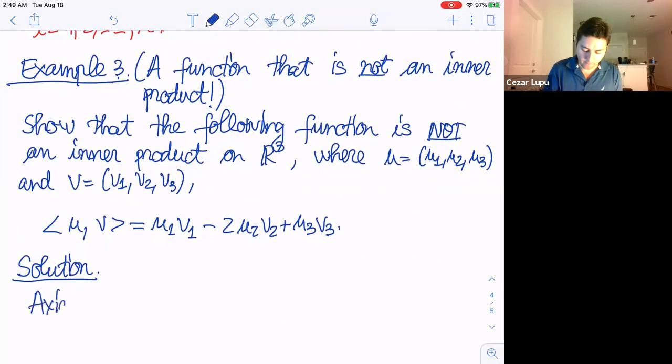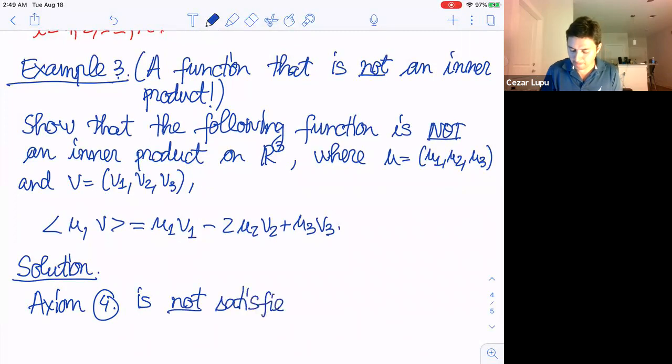Axiom 4 is not satisfied. Well, how do we see that?